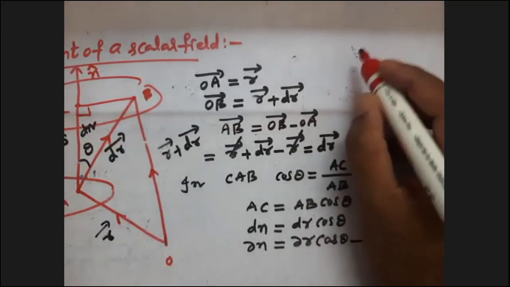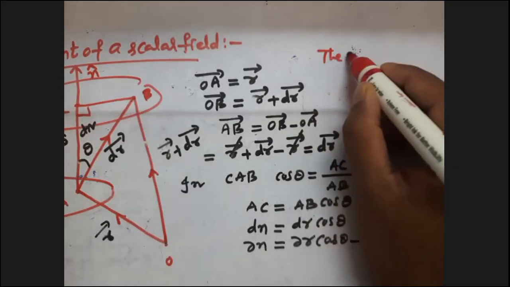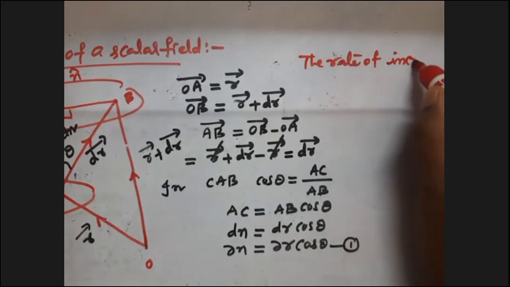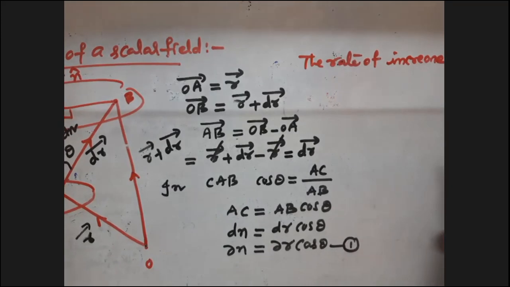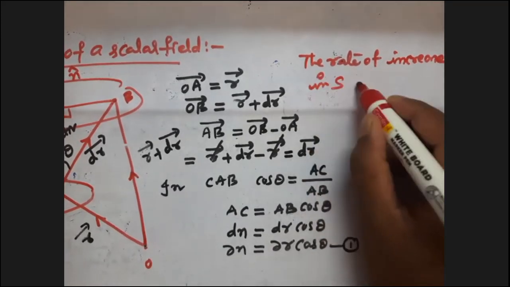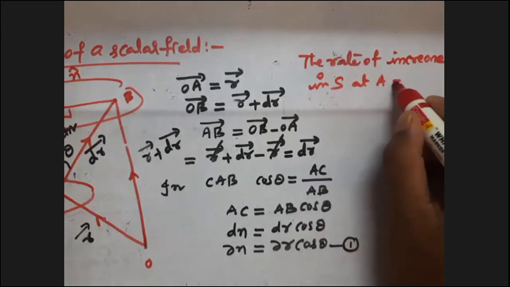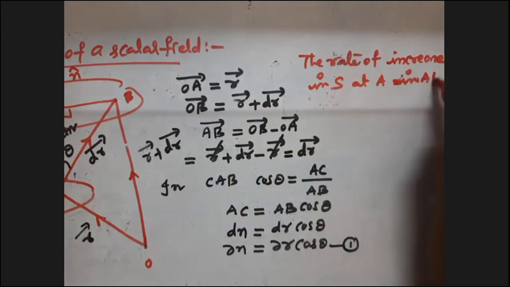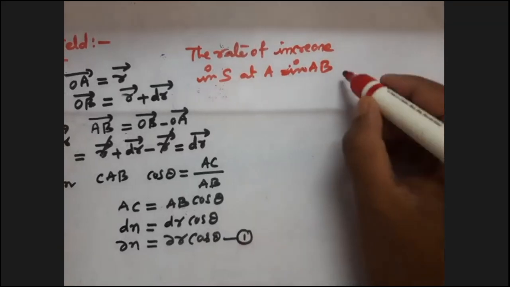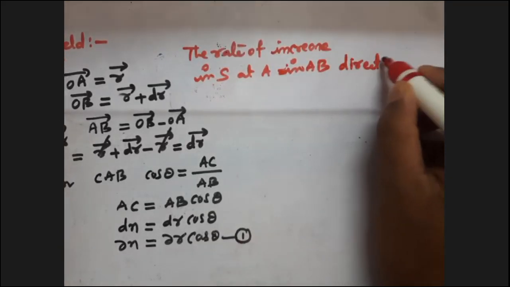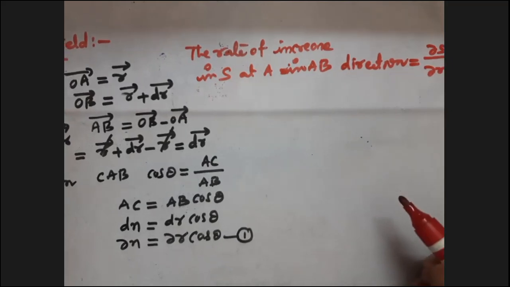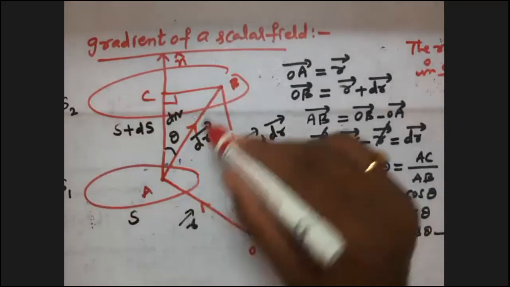Therefore, the rate of increase in S at A in the AB direction is given by dou S by dou r, because in the figure AB is equal to dr.